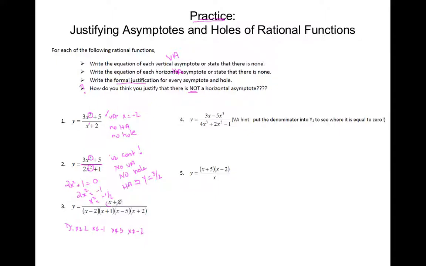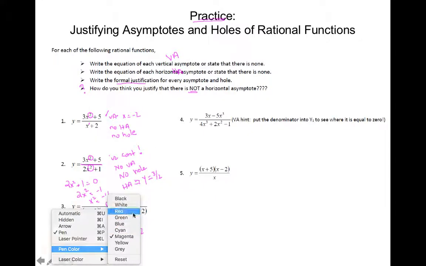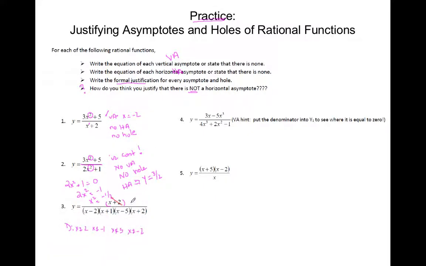But then notice that we do have a factor to cancel out, right? x plus 2, leaving a 1 in the numerator, and x plus 2, meaning that at -2 there's a hole, but there are 3 vertical asymptotes.